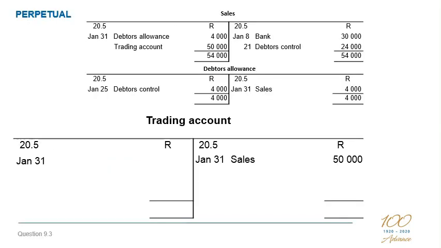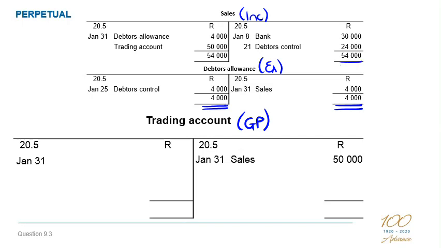Have a look at your trading account at this point. Remember, we're trying to calculate the gross profit. So at this point, my two income and expense accounts, there I have my income, and debtors allowance is the reversal of the sale. So I've got them equal in values on both sides.